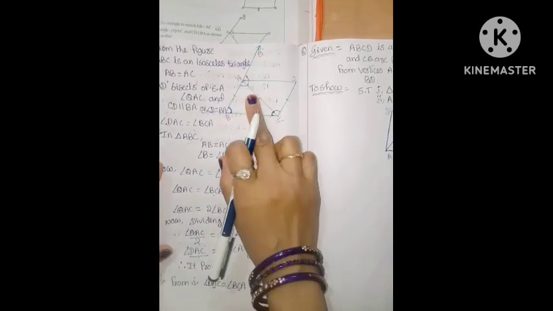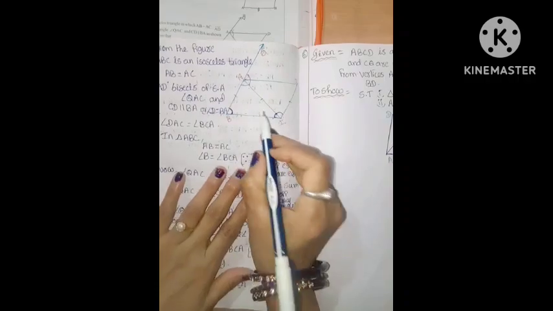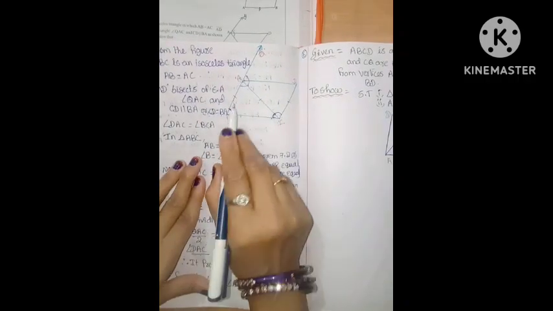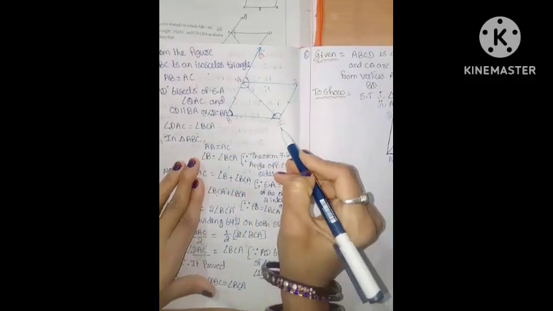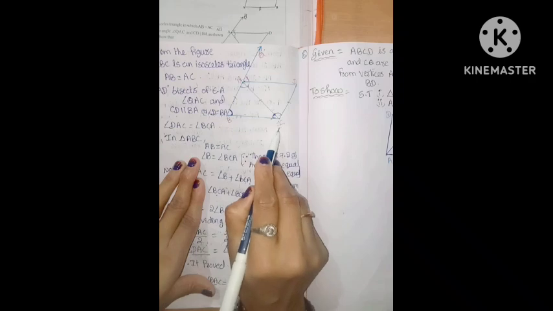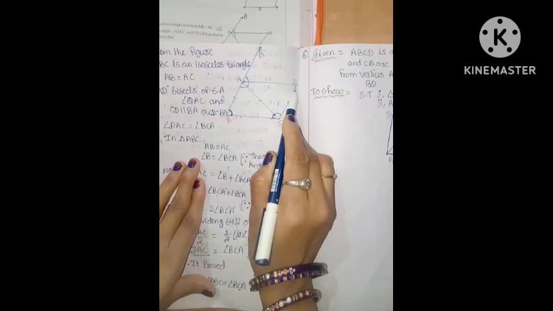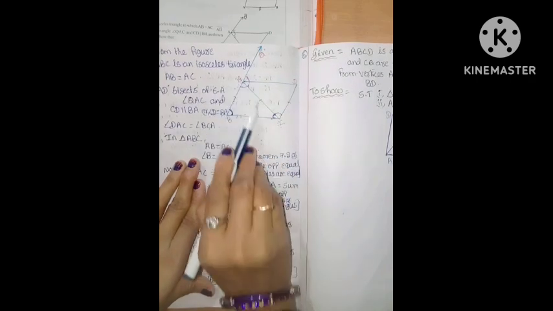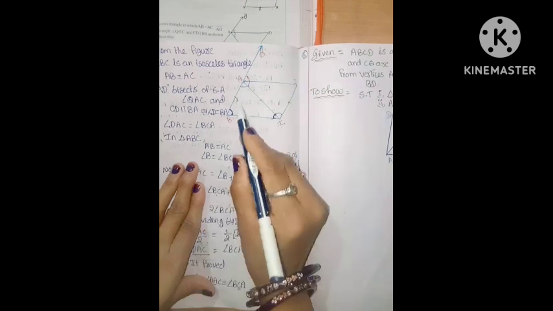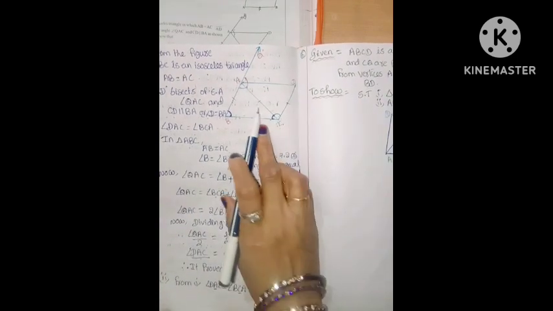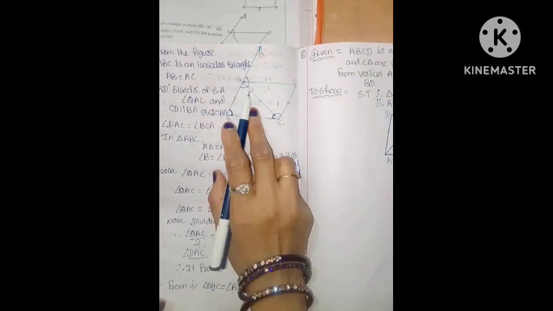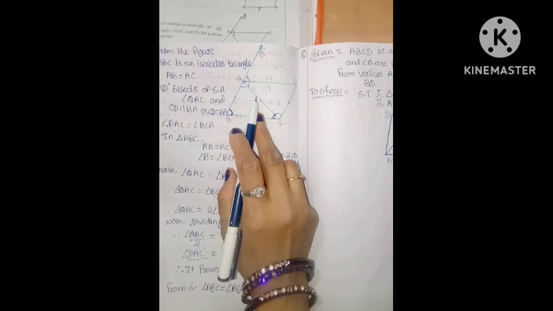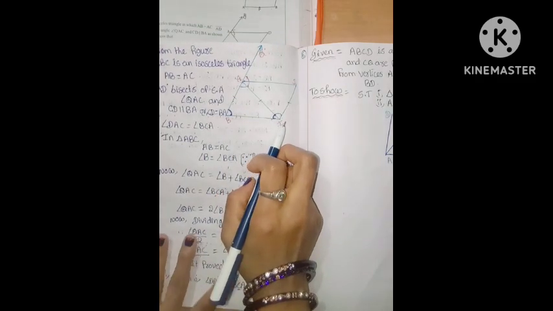So first look at this figure. I will explain this one. Here AB is parallel to DC as given, and BC is parallel to AD. And here AC is the transversal. Whenever two sides are parallel and AC is the transversal, alternate interior angles are equal. We know that.